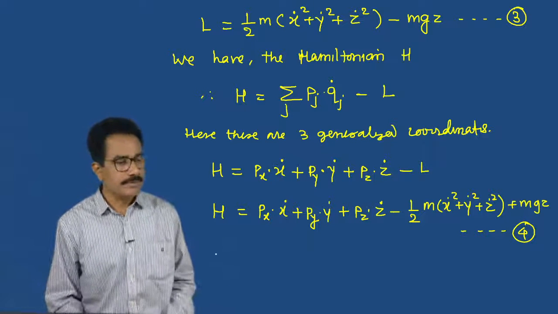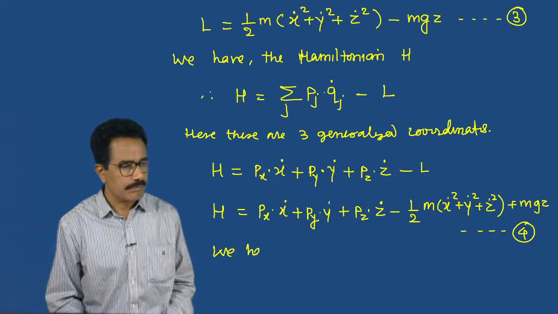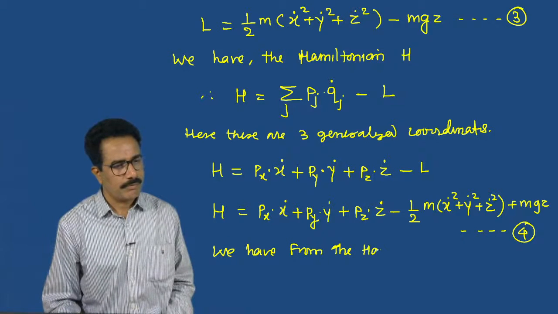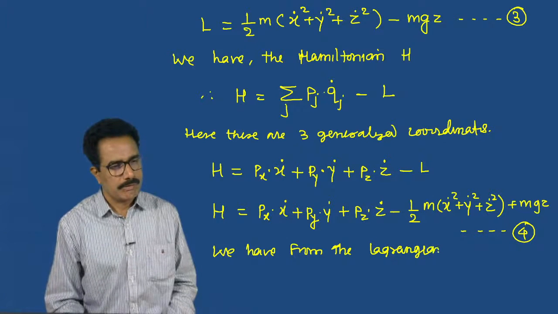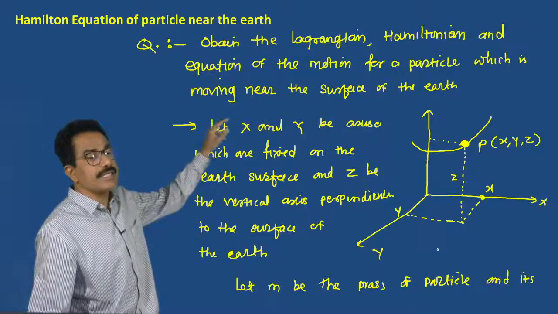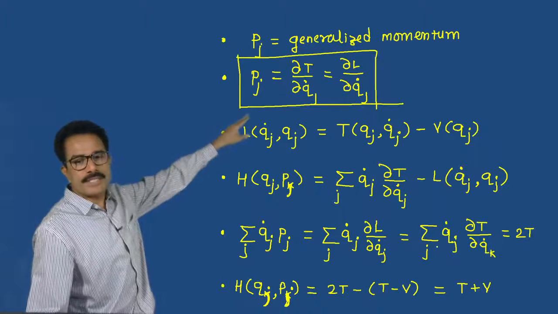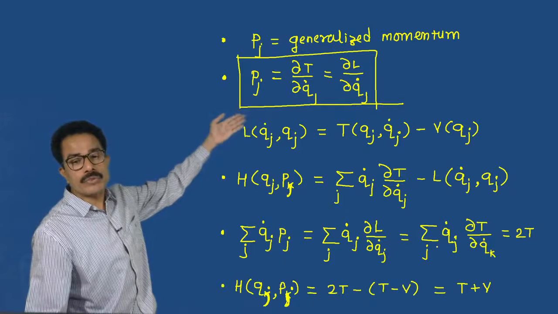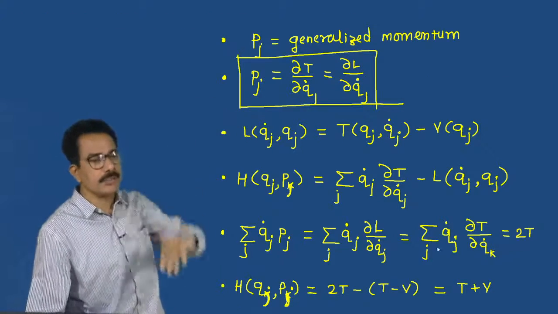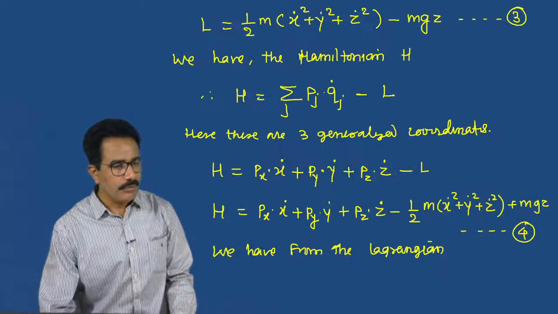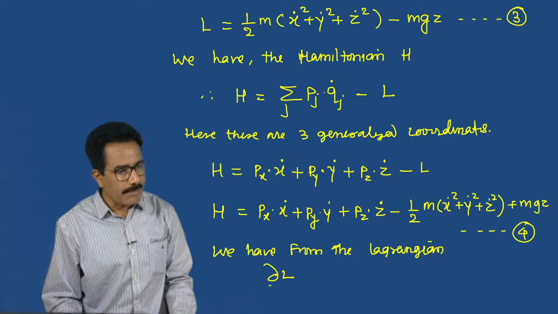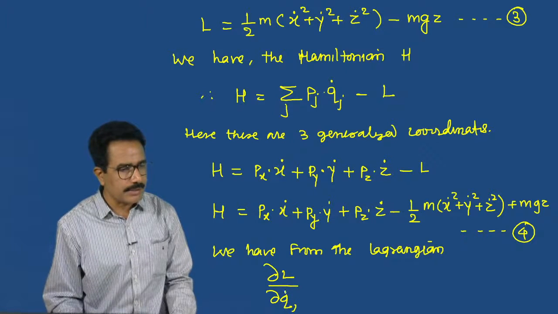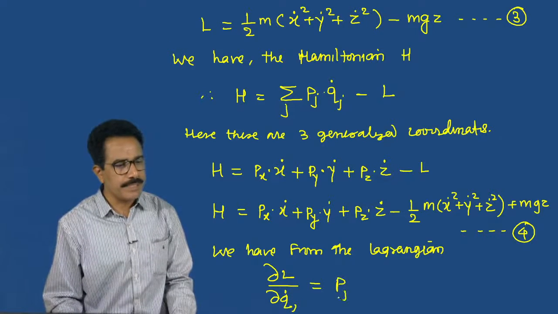Now there is one Lagrangian relation. What is that relation? Dou L by dou Qj dot is equal to Pj. We have the relation dou L by dou Qj dot equals Pj.